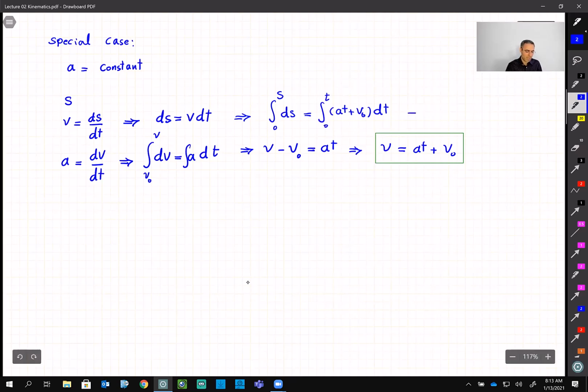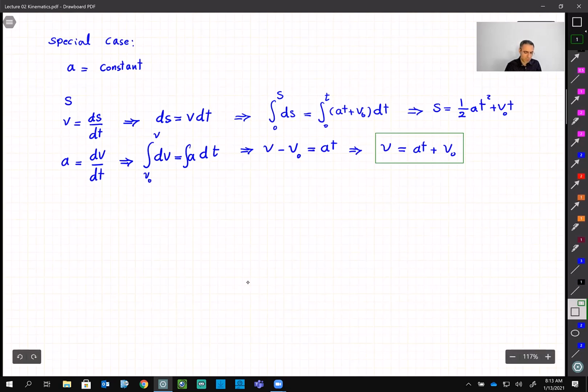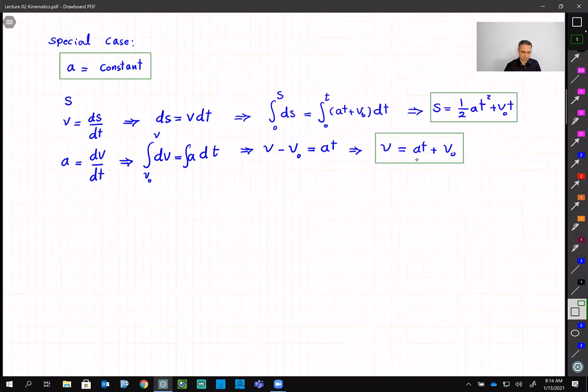If I simplify this, I will get s is equal to half of a t squared plus v0 t, and maybe plus s0 if we haven't started from position 0. This simple formula, you've seen it before in physics, can be handy sometimes. We have a relation between position, velocity and acceleration, and that's because a is constant. We cannot generally use this formula if a is not constant.